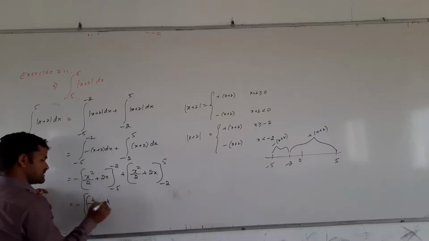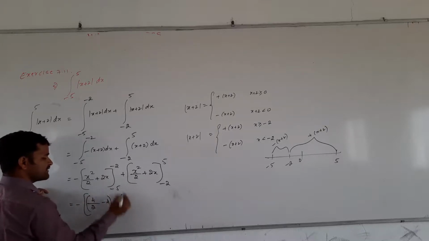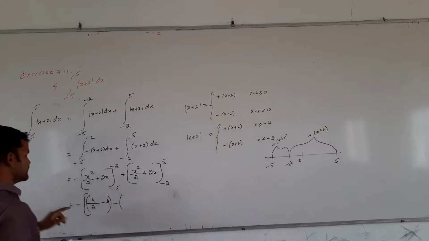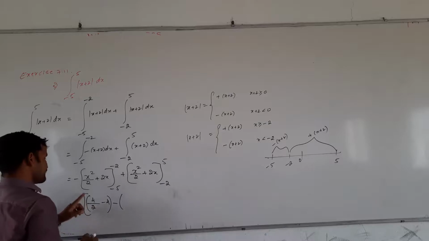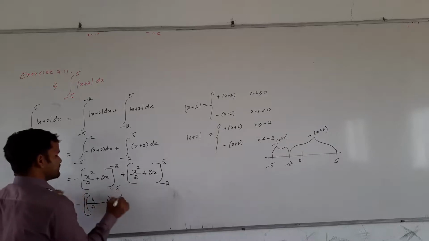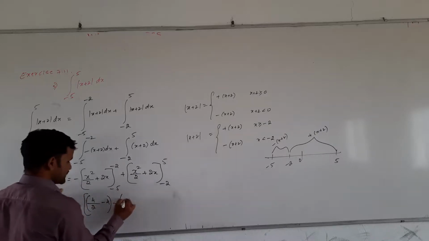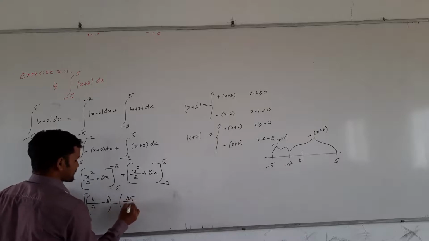Okay. This is substituting the upper limit, minus of substituting the lower limit, because minus is multiplied to both the terms, we have to be careful here. Now, substituting the lower limit minus 5 whole square is 25, plus 25 by 2.